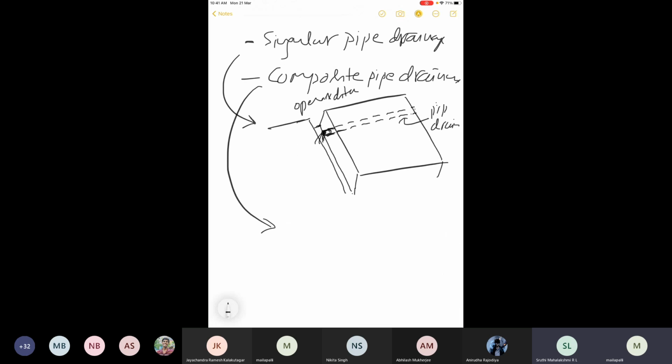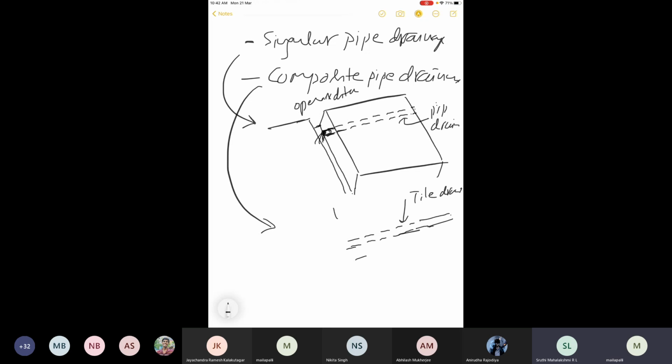In the case of a composite system, you have the pipe. Let's say this is the field, and this is the tile drain, the tile or pipe drain.